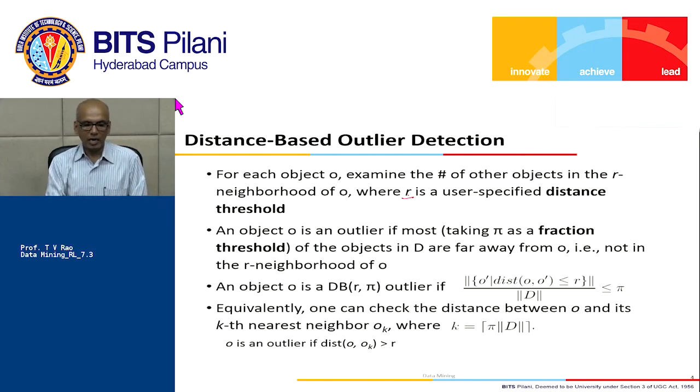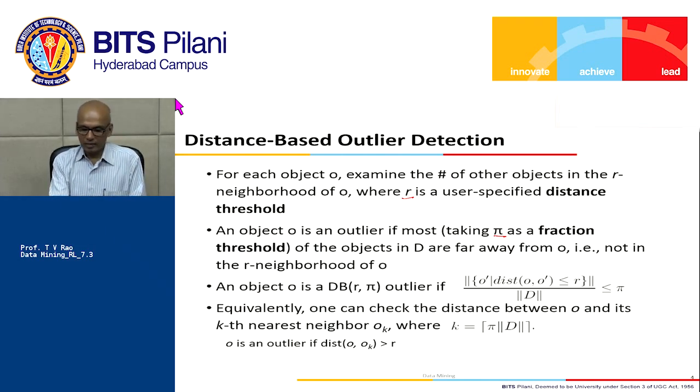To start with, let's say R is a user-specified threshold, and we are looking at the number of objects in the R neighborhood of O. And then we will also use pi as a fraction threshold, saying that, let's say, 1% of the objects. So if not even 1% of objects are available within this distance, within the R neighborhood, then we may consider the object O as an outlier.